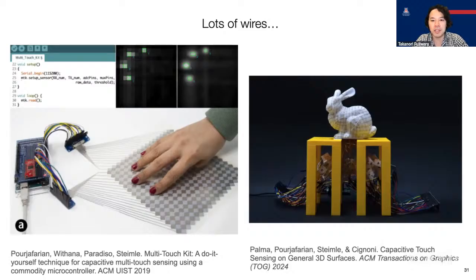As you may know, capacitive sensing is commonly used to recognize our touch when we are interacting with our smartphones or tablets. But as you can see here, current solutions need a lot of wires. And then these wires become problematic as they require a lot of effort in post hoc instrumentation and make it too difficult to handle complex shapes.